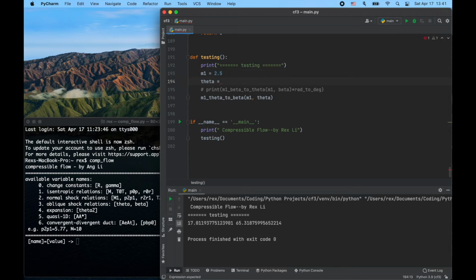We are making sure that there is a solution. So theta can be smaller than that, a smaller value can be 12 degree times degree to rad. Let's test it.